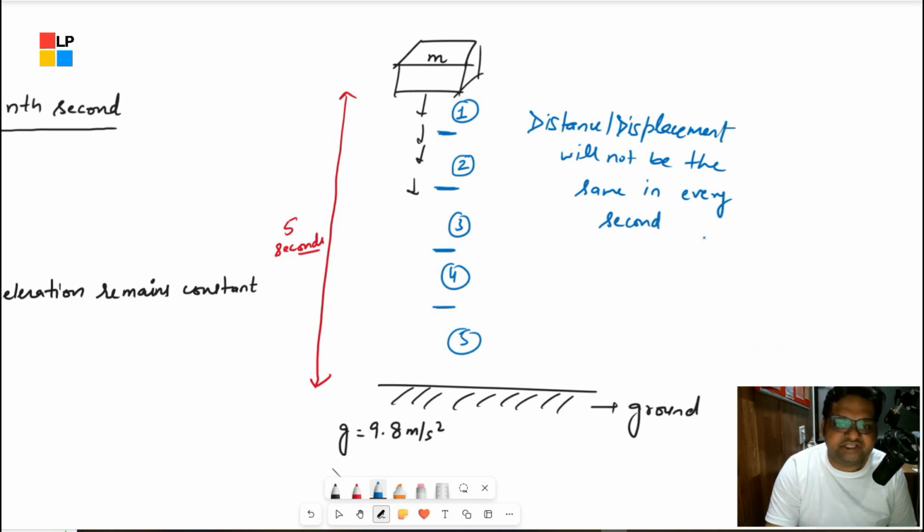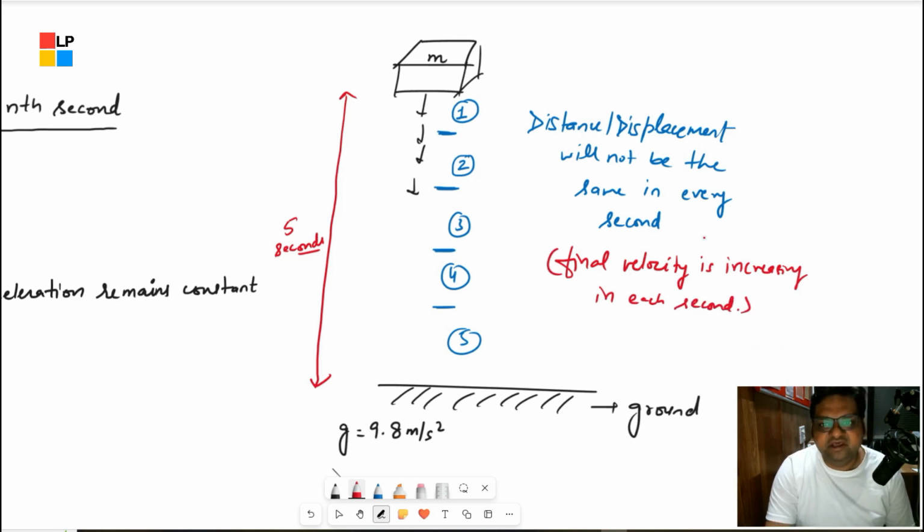Because the final velocity is increasing in each second, and that's why the distance covered by this cubical object increases in every second. So I'll come back to the original question.